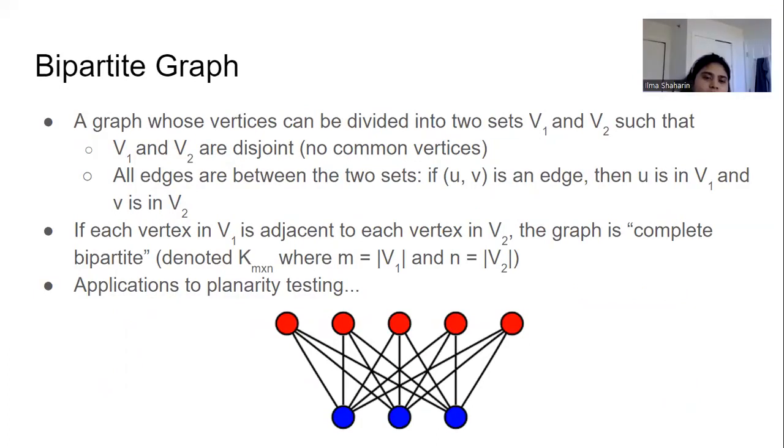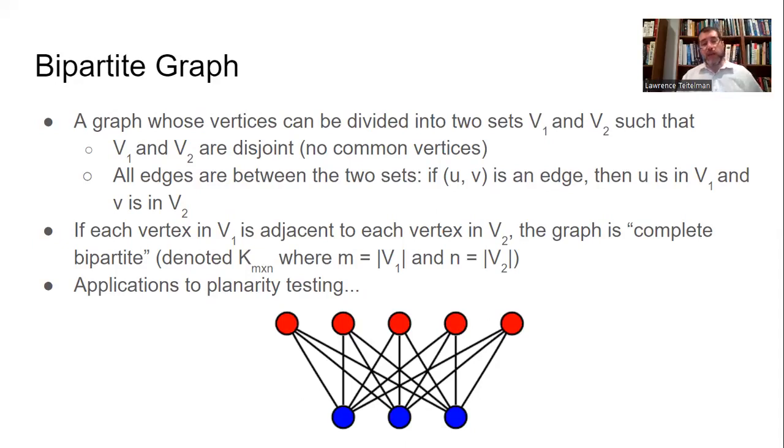It's called the bipartite graph problem. All right, what is a bipartite graph? A bipartite graph is where I can divide my vertices into 2 groups, and all the edges are between the groups and not within a group. So that's what we mean by bipartite.